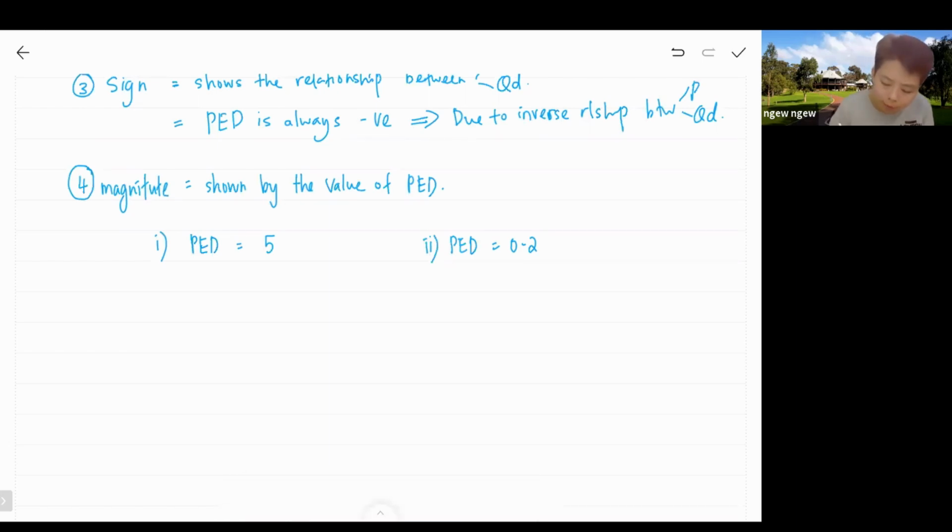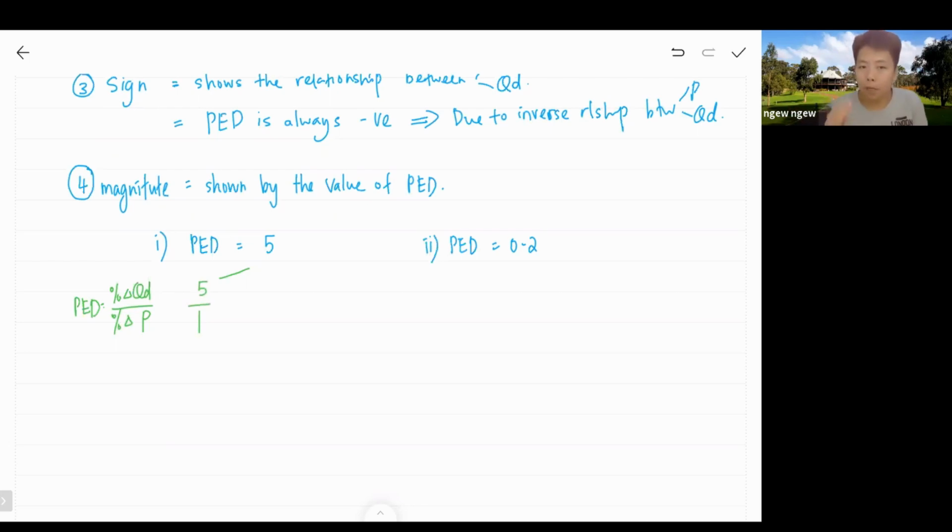The formula of PED is percentage change in QD over percentage change in price, which means this 5 is the outcome of percentage change in QD divided by percentage change in price. So to get 5, it is like 5 over 1.